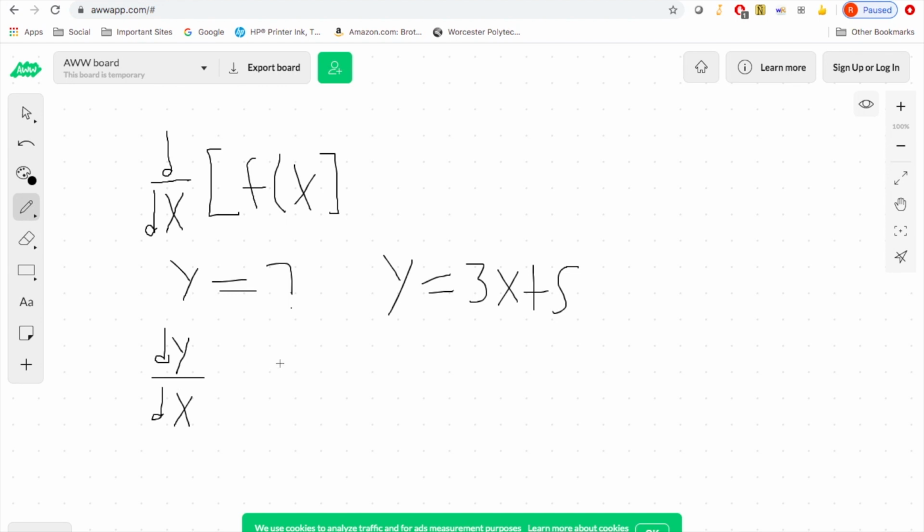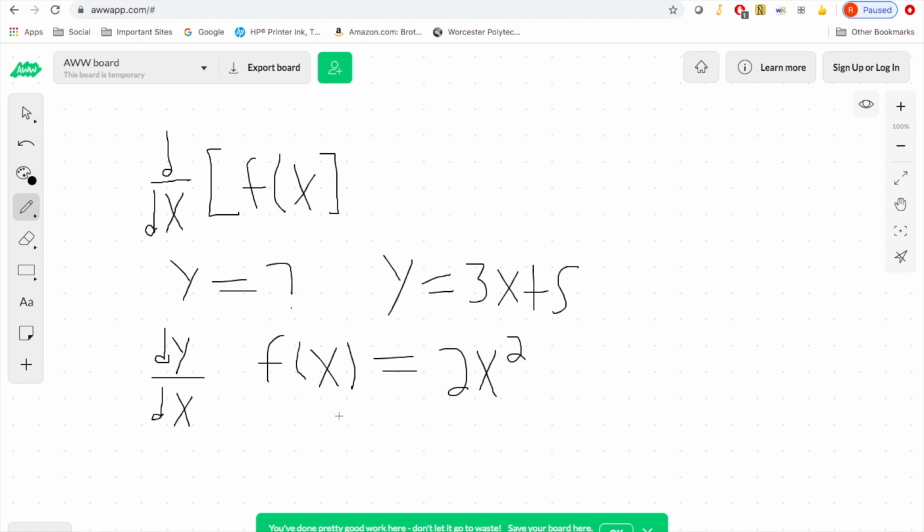And the last notation that I really want to talk about for finding derivatives is, say that we have f of x equals something. Let's just pull that same example I just had. Say that f of x equals 2x squared. Obviously, you probably don't know how to find the derivative of 2x squared yet.